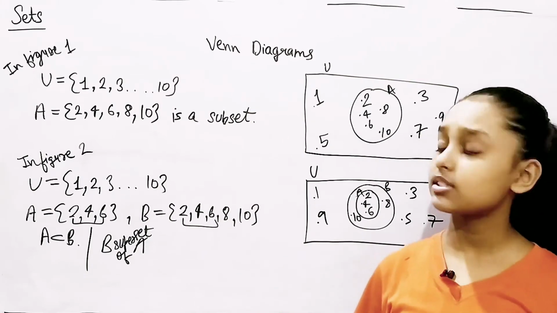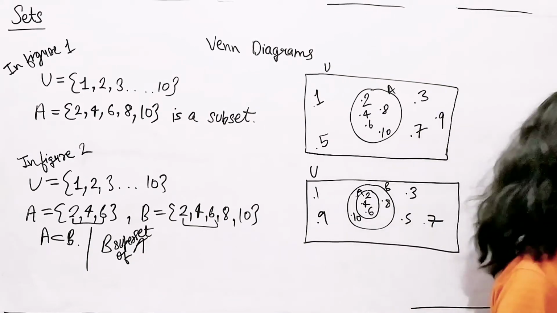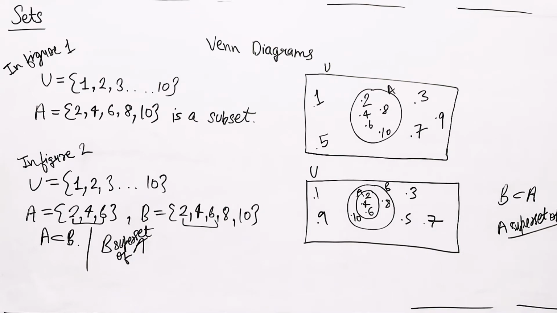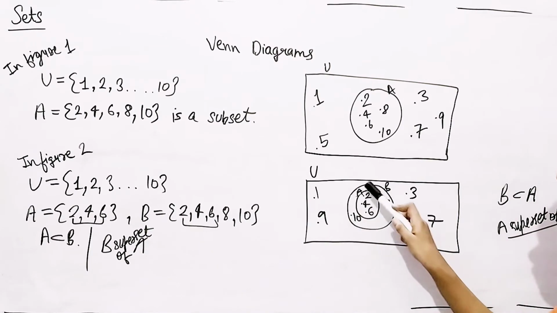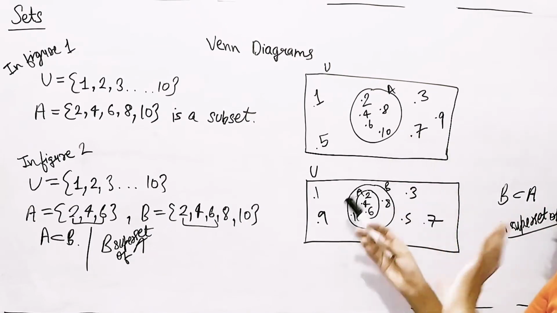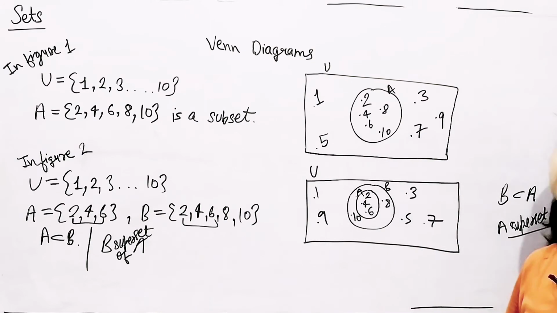One thing I would like to say is that in Venn diagrams, the elements of the sets are written in their respective circles. As you can see, I've written the elements in the circles. These are basically the sets, so this is another way to represent sets.